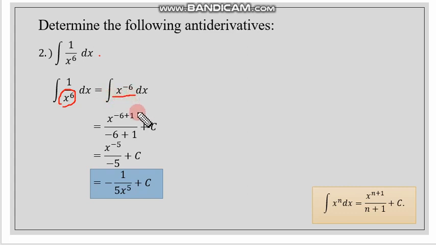From this one, we will use our theorem, which states the exponent plus 1 over the exponent plus 1. So x raised to negative 6 plus 1 over negative 6 plus 1 plus c. So x raised to negative 5 over negative 5 plus c. So the final answer is negative 1 over 5x to the 5th plus c.